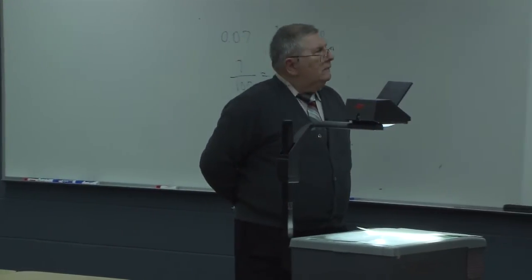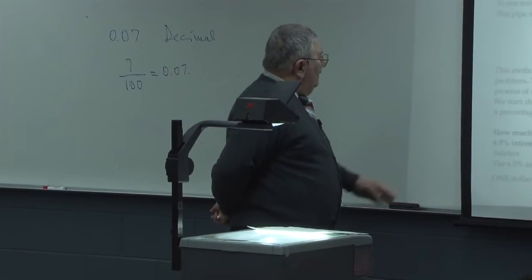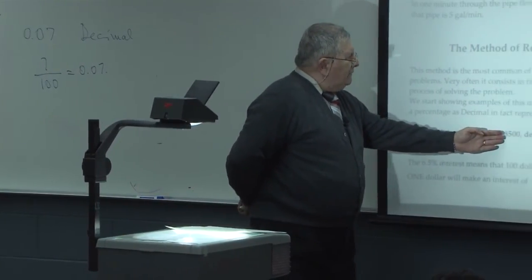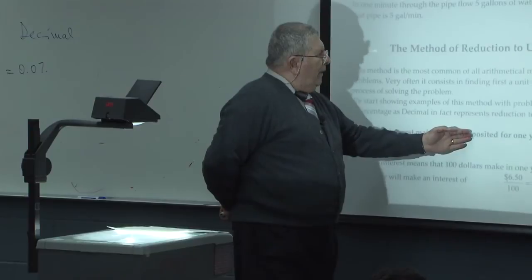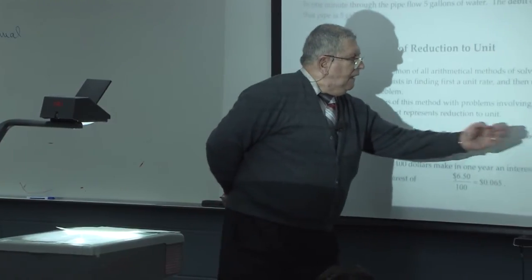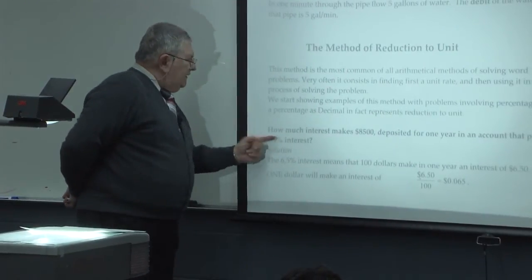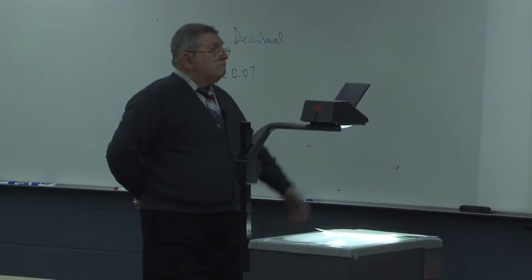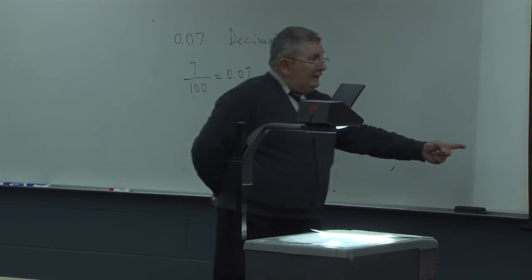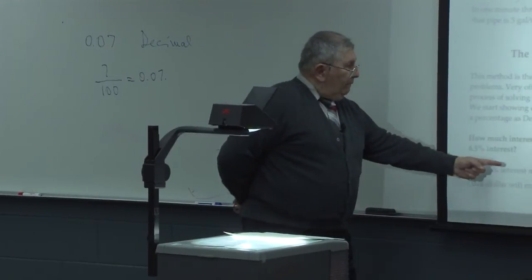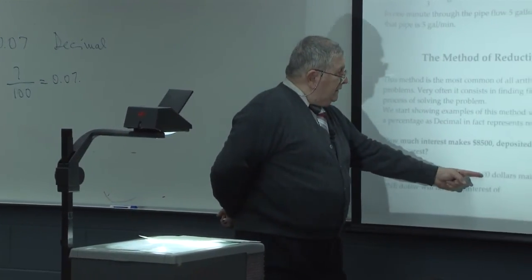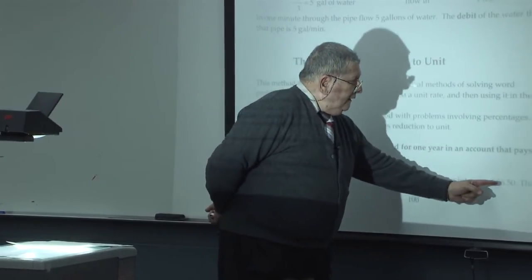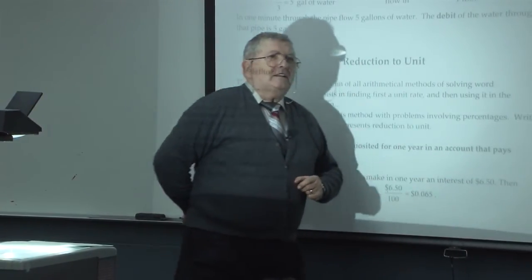Okay, now how much interest do $8,500 make, deposited for 1 year in an account that pays 6.5% interest? 6.5% interest, like I said, means that $100 make in 1 year $6.50 in interest.